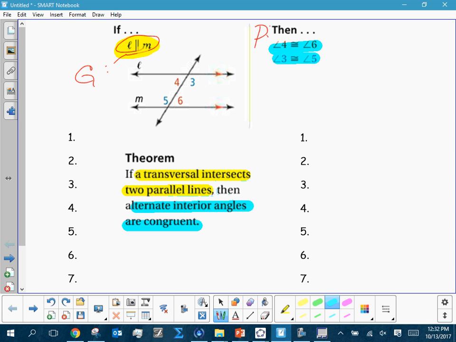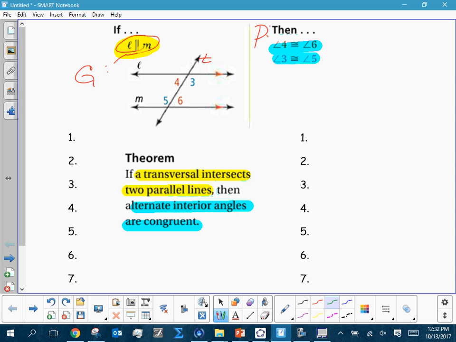But as I'm developing the given and the prove statement, so we can talk directly about particular objects, we have to draw a picture. So I draw my picture, and L and M are parallel. I have some transversal. It doesn't name it, but we can call that transversal T if we want to.